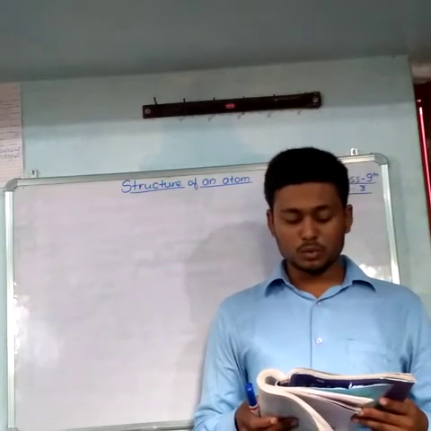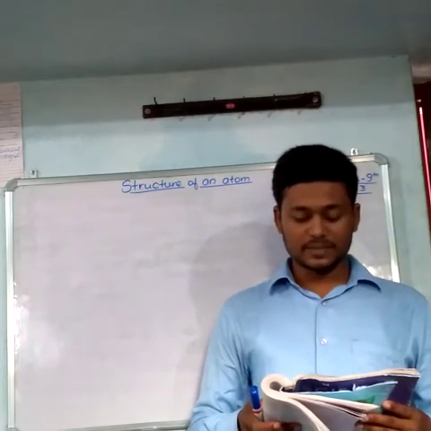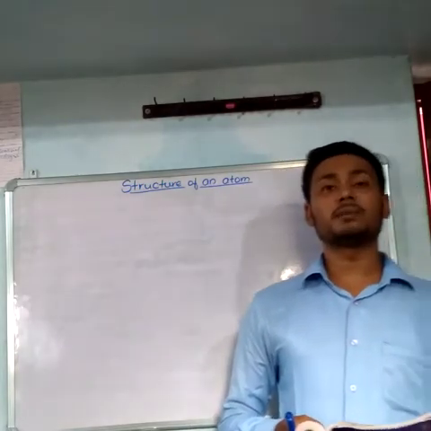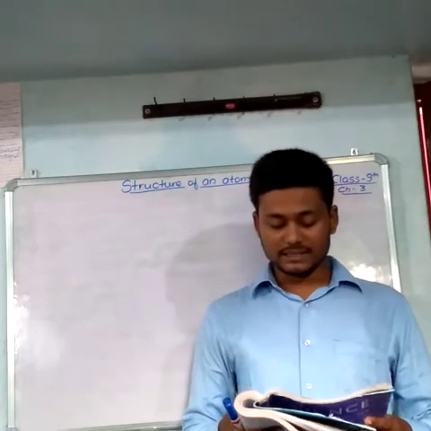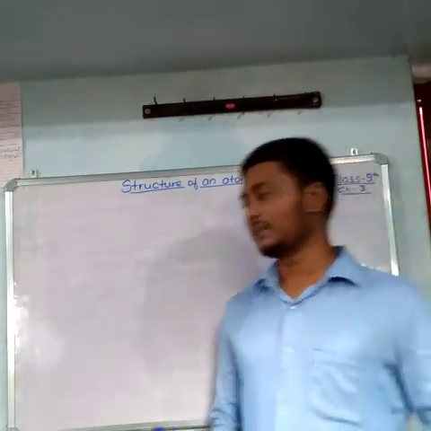So all those species, those elements having the same atomic number but different mass number, are said to be isotopes.